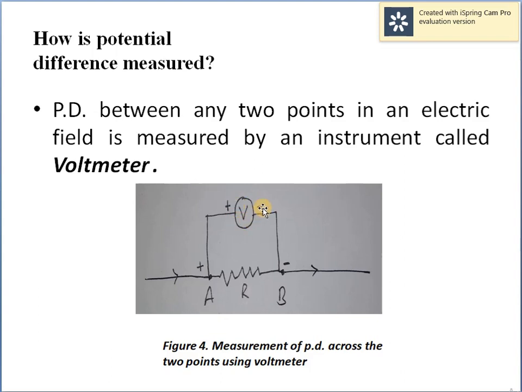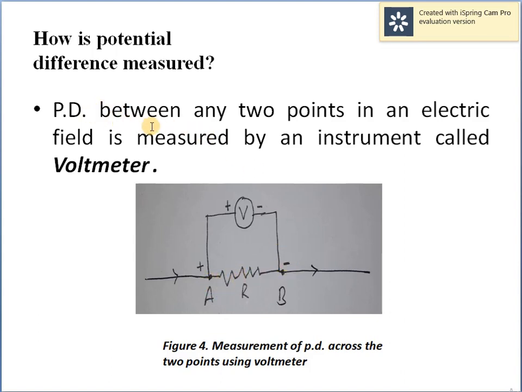This is called a voltmeter. From this we can see that the voltmeter is connected in parallel, and this resistor is in series connection between points A and B.